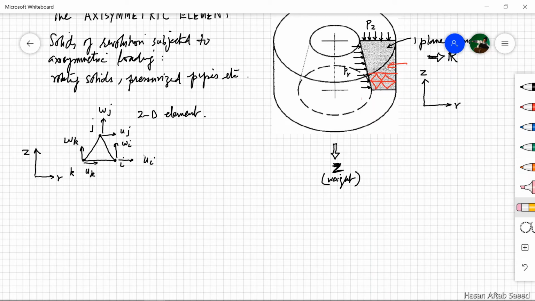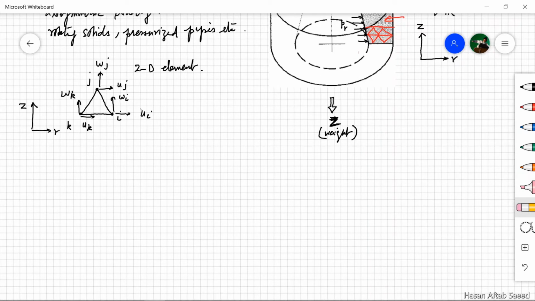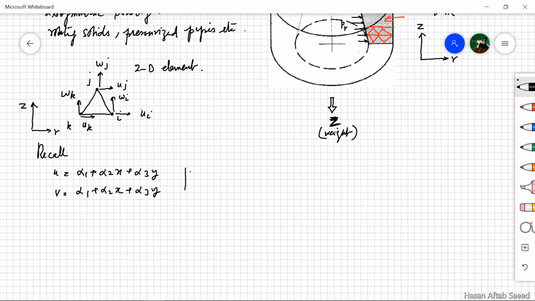Now let's recall the 2D elements that we have already studied. For plane stress and plane strain elements, the interpolation function was similar. We have the same for v also. In this case you have the same thing essentially, but with adjustments made for the difference in the coordinate axes.